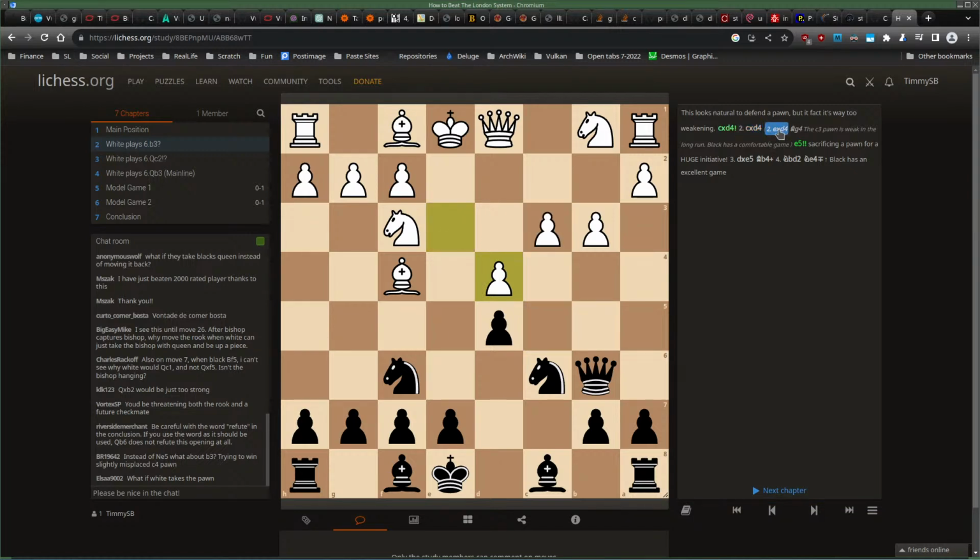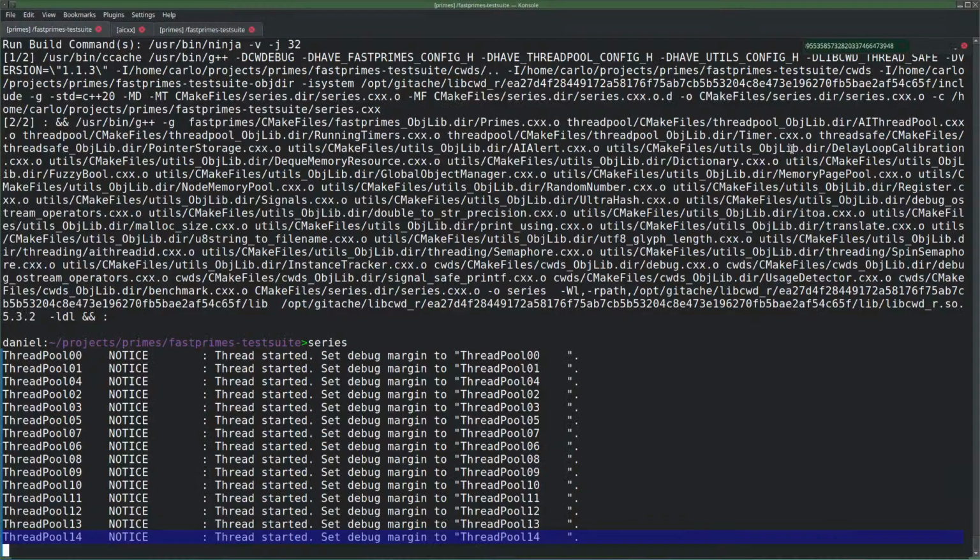If he did not, he takes with the e-pawn, then we play bishop g4. The c3 pawn is weak in the long run. Black has a comfortable game. Did this finish it? Nope.